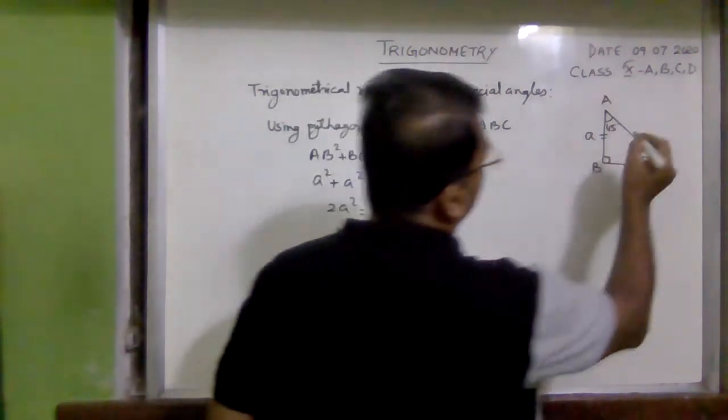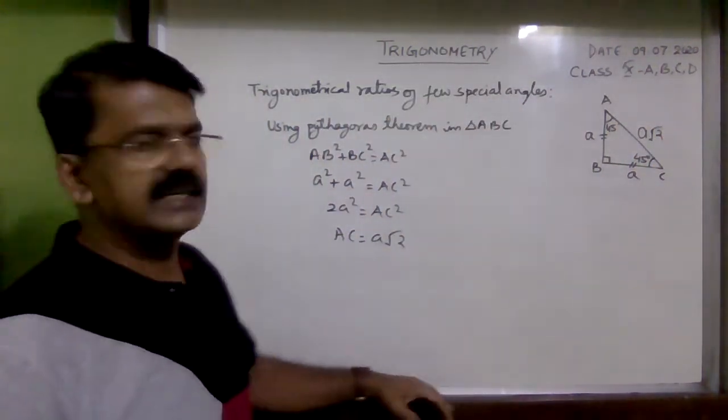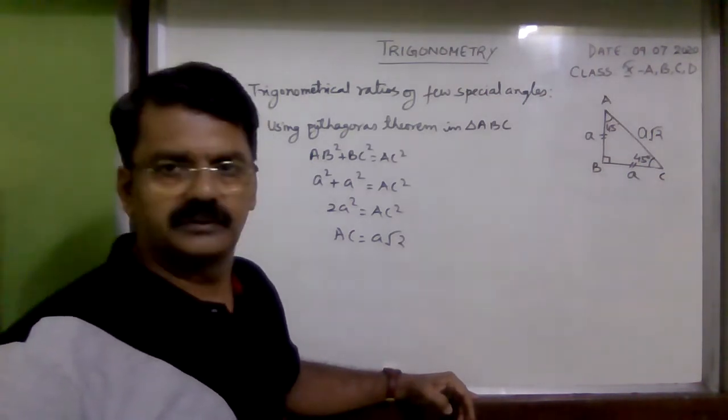So we have found that the length of AC is a root 2.